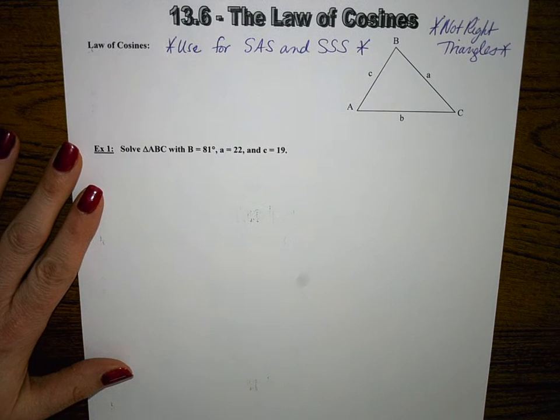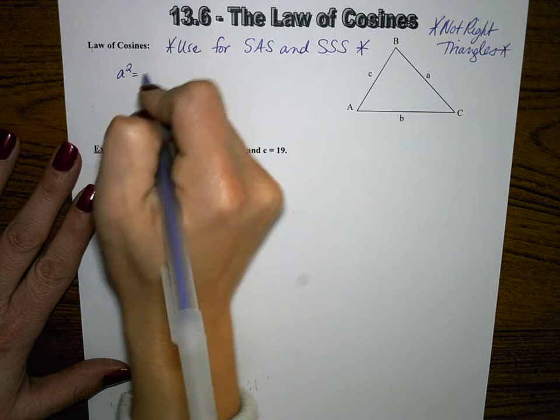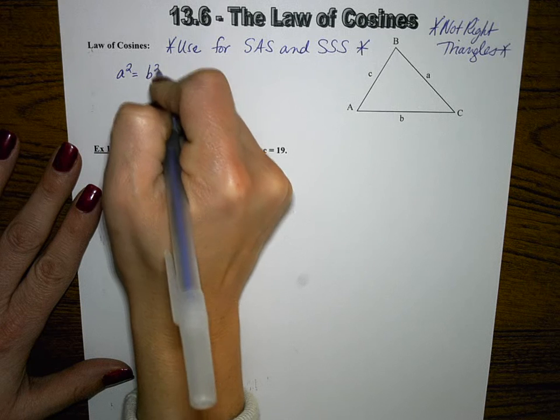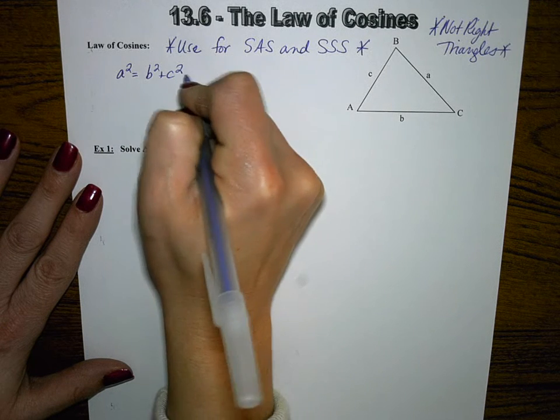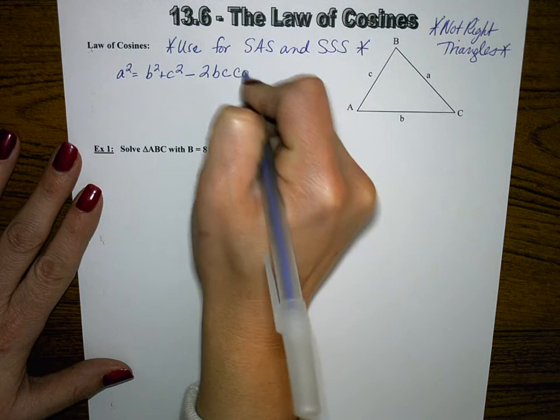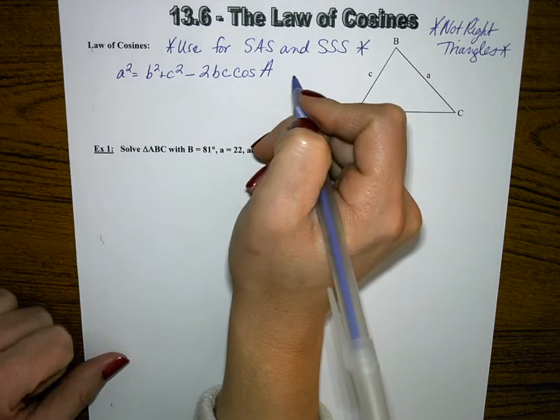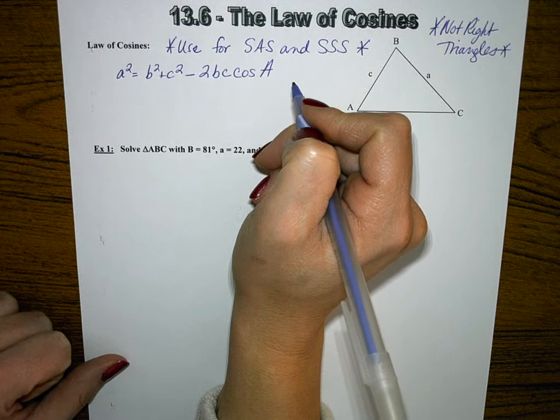Now, law of cosines, hopefully we remember that from geometry last year. There are really several variations of it. If I want my little a squared, it is equal to the other two sides squared, so b squared plus c squared, minus 2 times my other two sides, which are b and c, times the cosine of the angle that matches the little side on the other side, which is the cosine of angle A. All right?